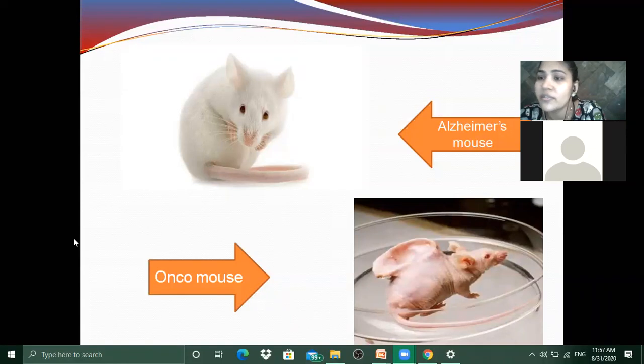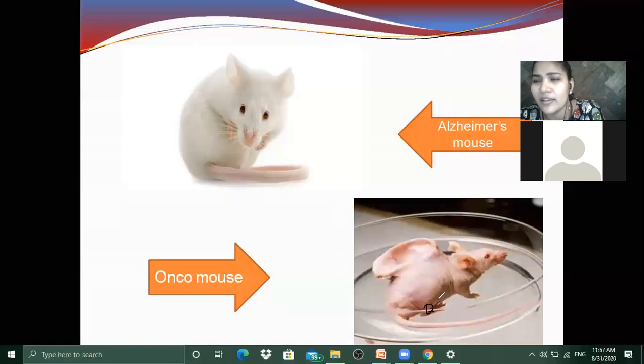Generally, when I conducted this experiment in my lab, what we used to do was make a solution of cancer cells, and we used to inject that cancer cell solution into their hind limb, this part. They have very thin skin, so you can easily pick up their skin and inject with a normal injection.